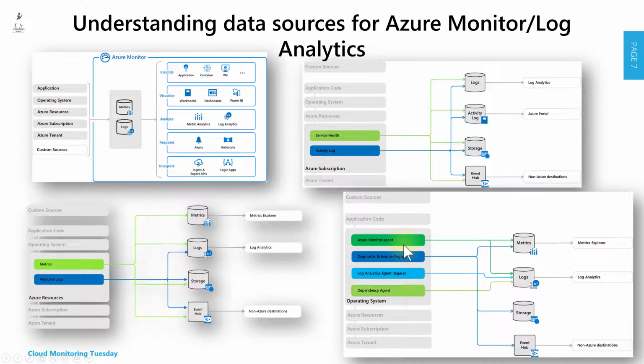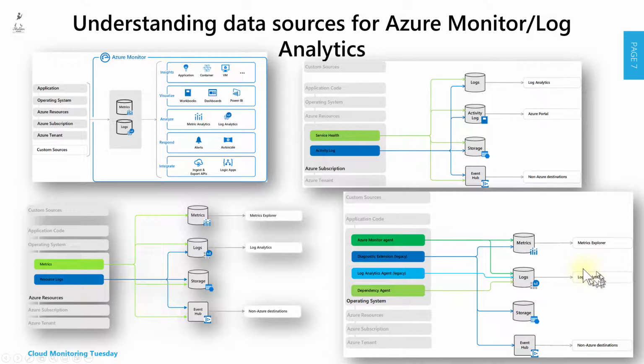And when we are talking about virtual machines and the operating system, we have the Azure Monitor agent or the legacy Log Analytics agent that collects data inside the virtual machine and sends it to metrics or to Log Analytics, from where you can extract the data based on the Kusto query language or other API calls.